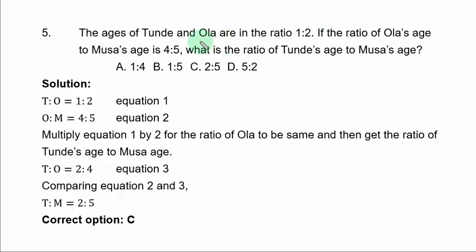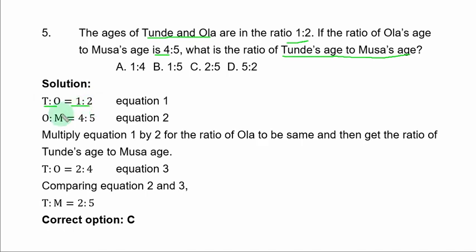Question 5. The ages of Tunde and Ola are in the ratio 1:2. If the ratio of Ola's age to Musa's age is 4:5, what is the ratio of Tunde's age to Musa's age? Solution. From the question, Tunde ratio Ola is 1:2. Let's call that equation 1.